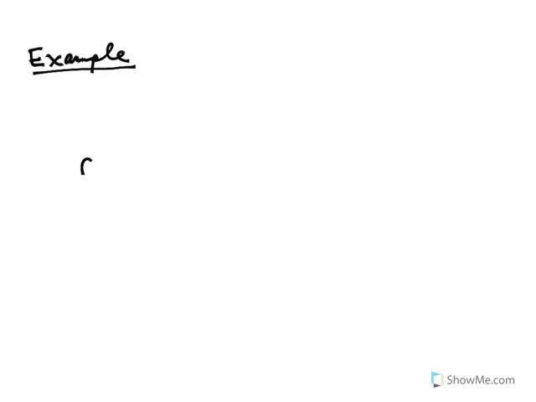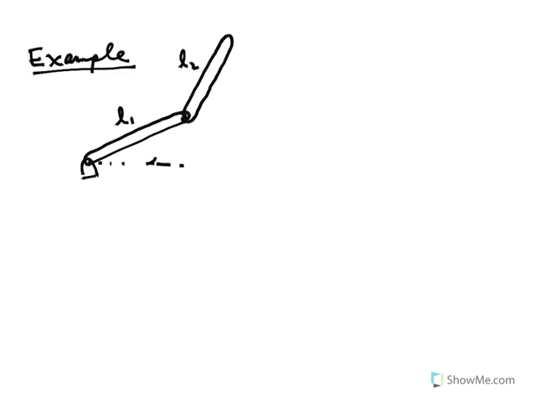In this example, we have two arms. The first arm has a length of L1. The second arm has a length of L2. The angle formed by the horizontal and the first arm is theta, and the angle formed from the first arm to the second arm is phi.